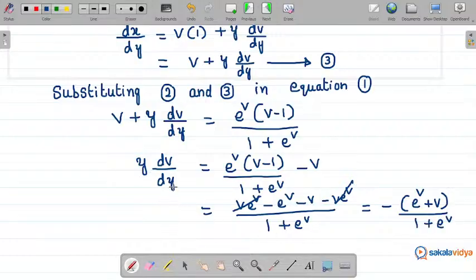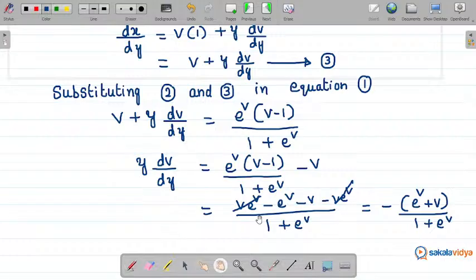Now let us convert it into variable separable form. Bring 1 plus e power v by v plus e power v to this side and dy by y to the right hand side.